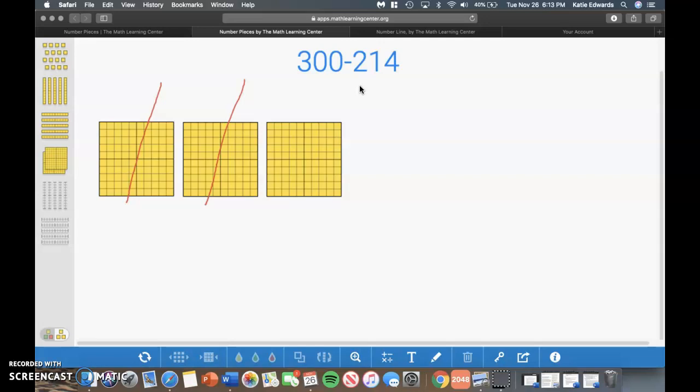The student would need to take away 110, but here we see there's only 100 left. So they would trade this 100 in for 10 tens.